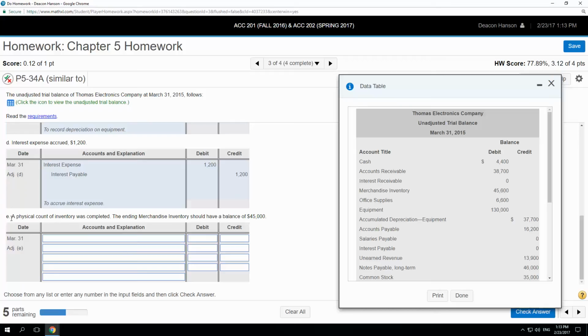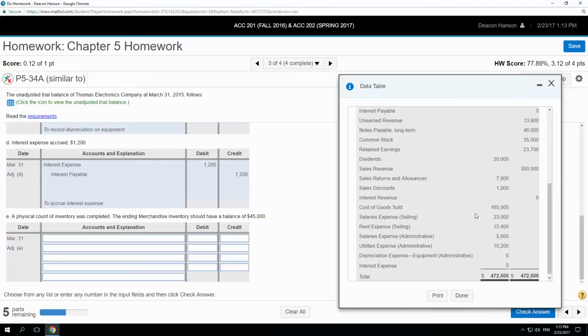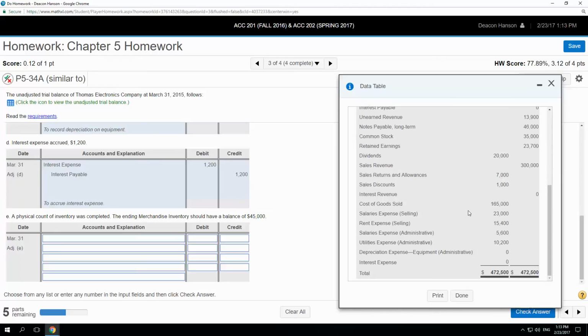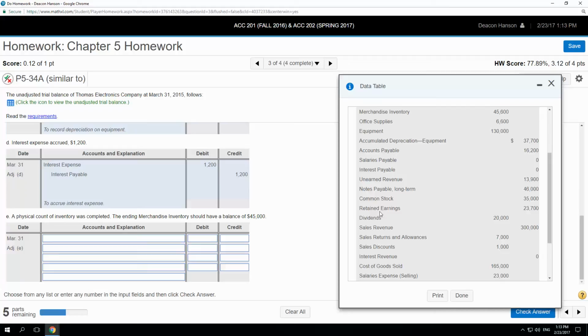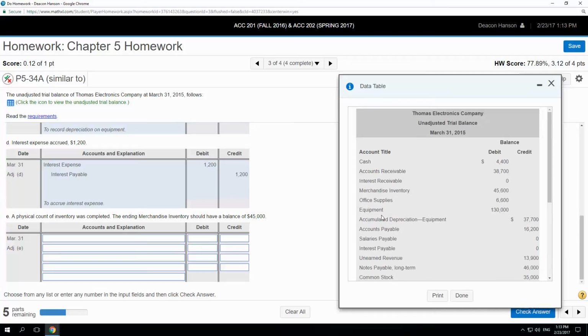Okay, it says a physical count of inventory was completed. The ending merchandise inventory should have a balance of 45,000. Okay, so let's look at what we do have. Where is our inventory? Merchandise inventory 45,600.